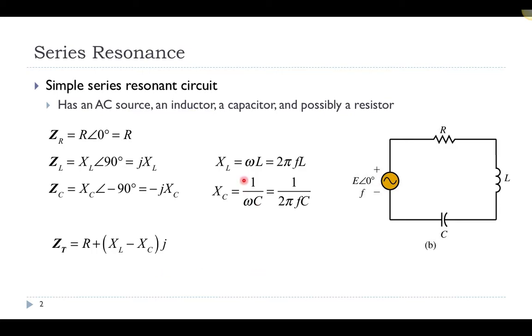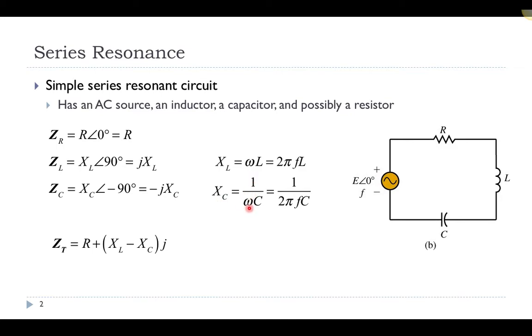Keeping in mind that I can find the reactive components for each, the inductor and the capacitor, by using the angular frequency times the inductance for an inductor, and the angular frequency is 2 pi times the frequency, the actual frequency in hertz. And then I can do the same thing for the capacitive reactance.